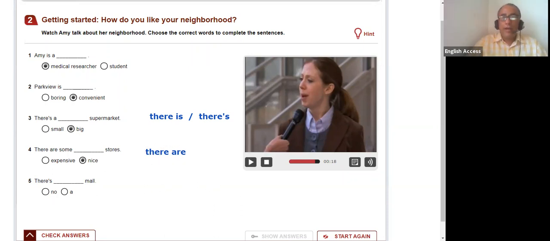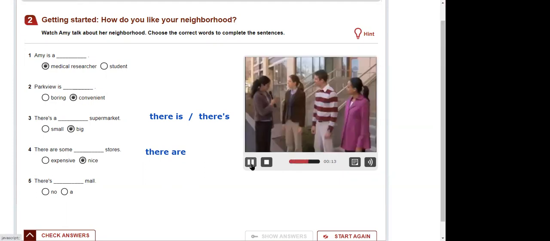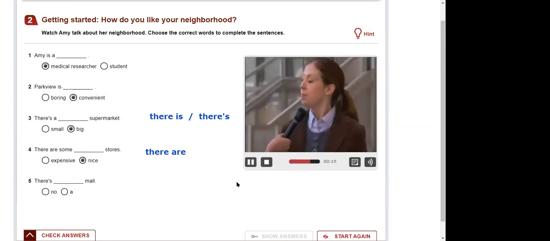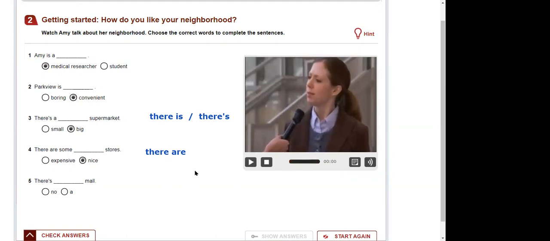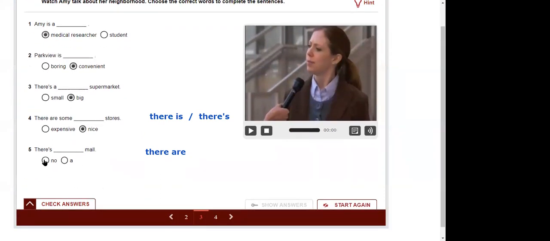So, number five, what is it for number five? There's a big supermarket and some nice stores, but there's no mall. We need a mall. So number 5 is: there is no mall.